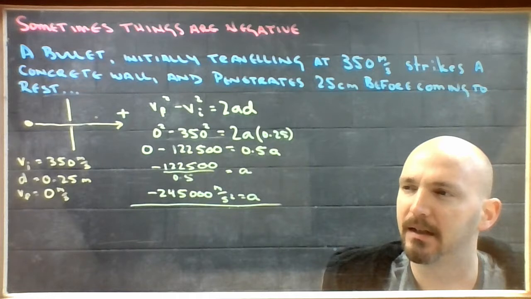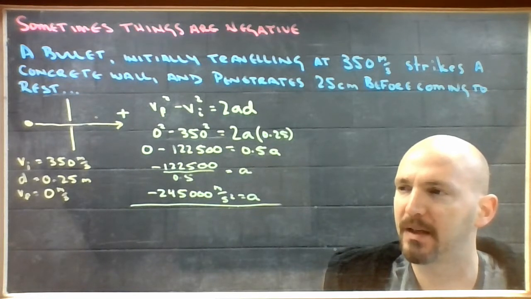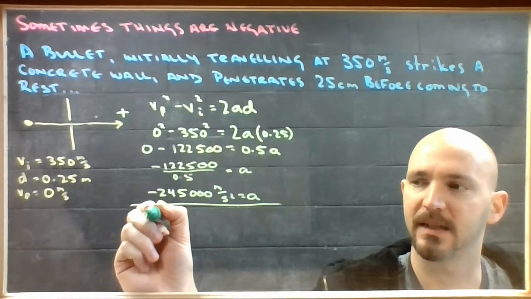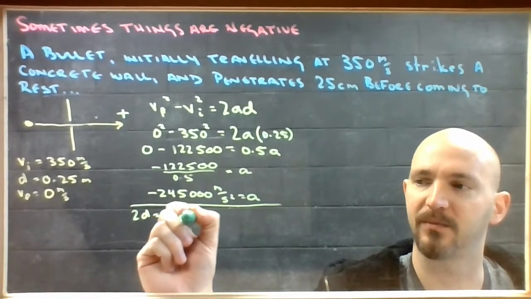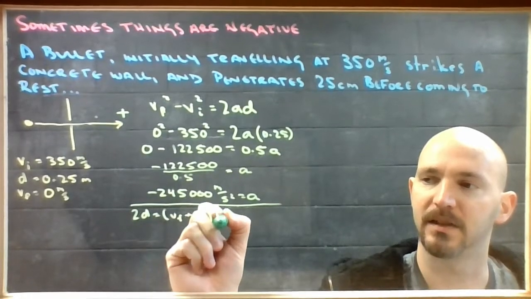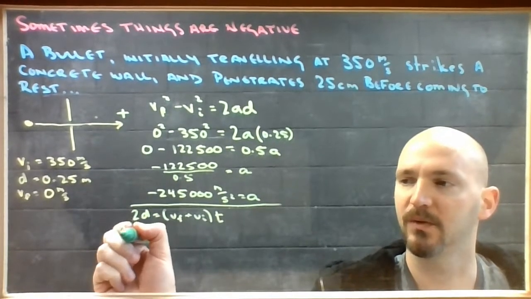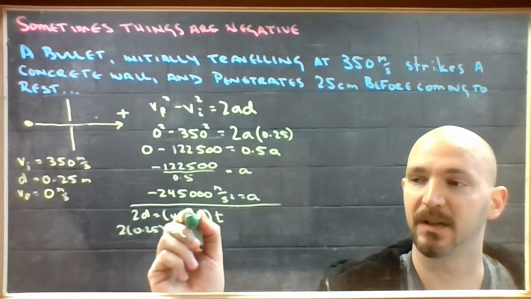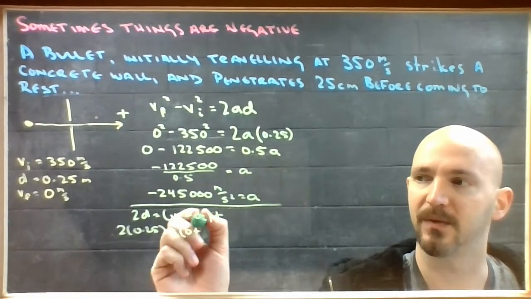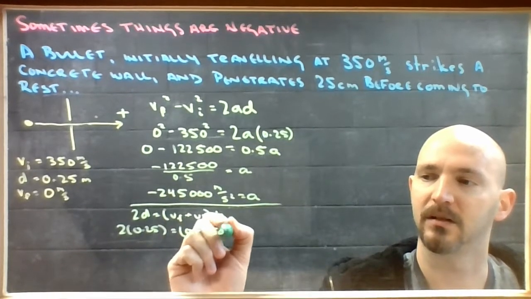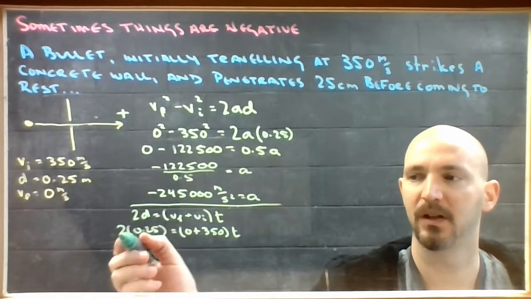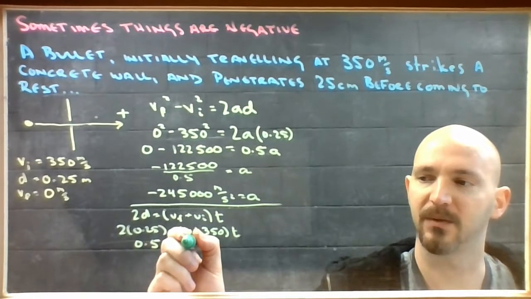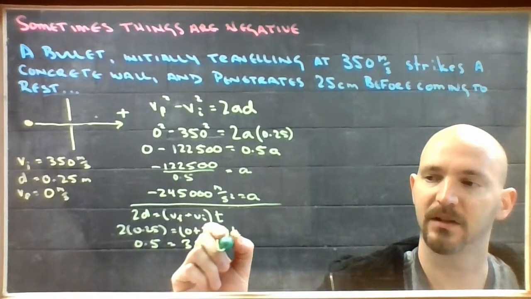An equation that connects initial speed, final speed, distance, and time would be twice the distance is Vf plus Vi times t. So 2 times 0.25 is a final speed of 0 plus 350 multiplied by t. 2 times 0.25 is 0.5. 0 plus 350 is 350.